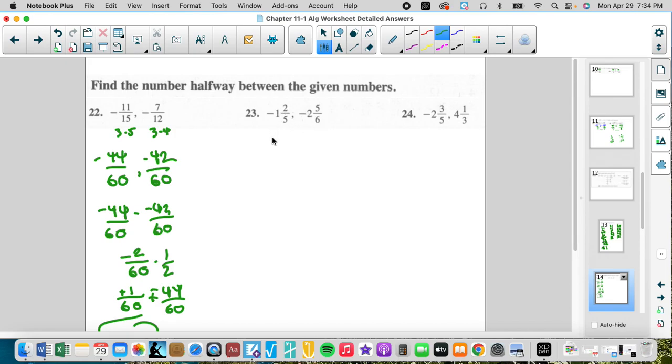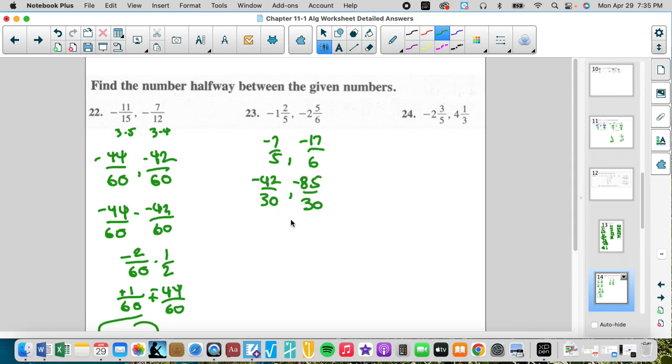So let's convert them. Negative 5, 6, 7, that's negative 7/5. 12, that's negative 17/6. And let's do 30ths. So that's negative 42 30ths. 30ths times 5, negative 85. So this is going to be smaller than this.